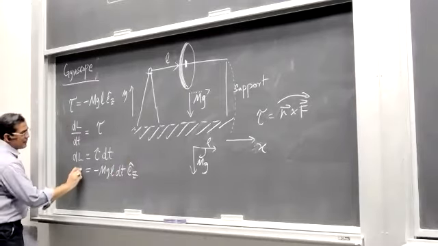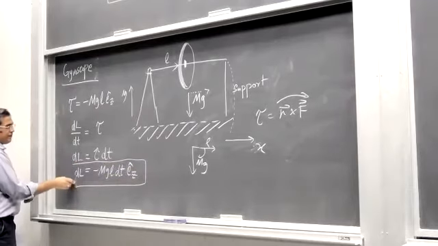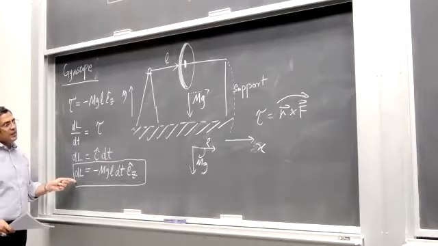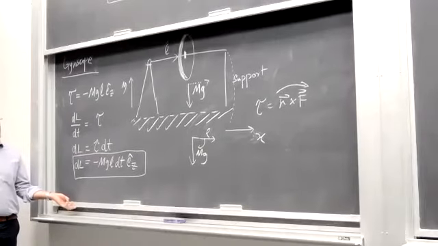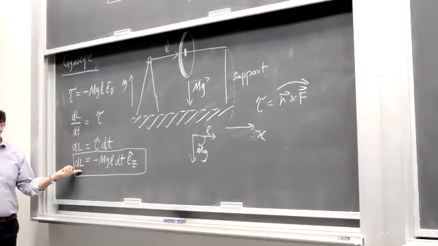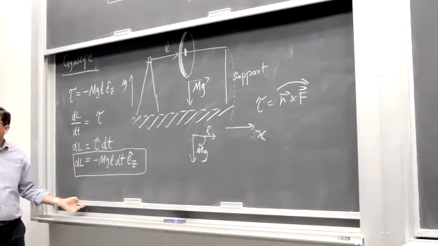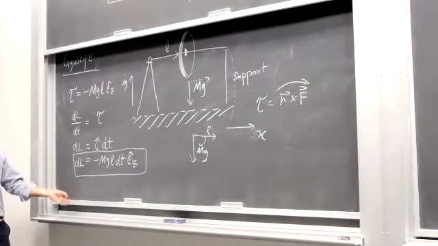This is dL, the change in angular momentum, delta L. And since the initial momentum is zero, that's actually the momentum after I remove the support. So after I remove the support, this would be the momentum. If this is not clear, now is the moment.